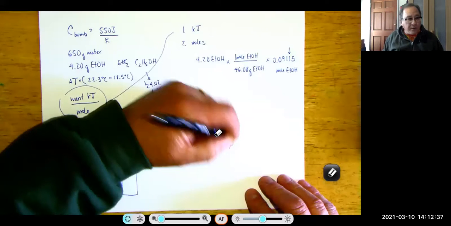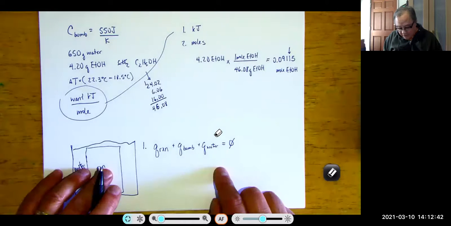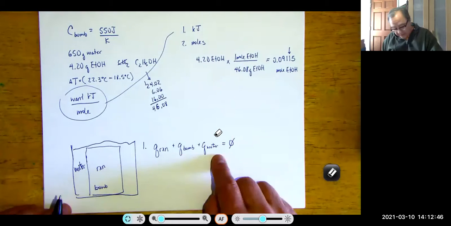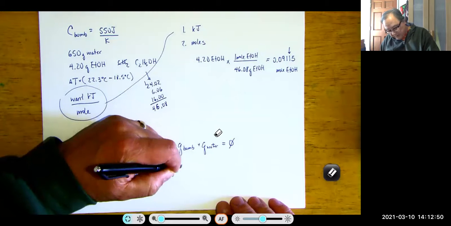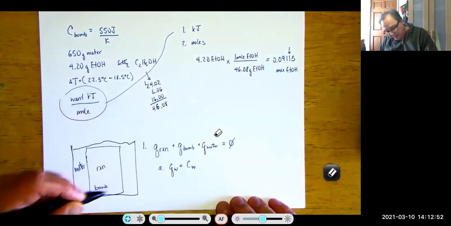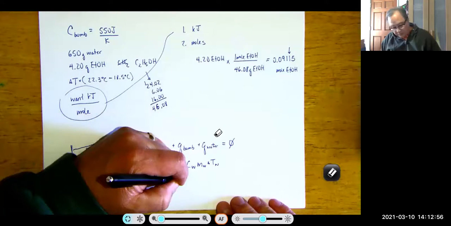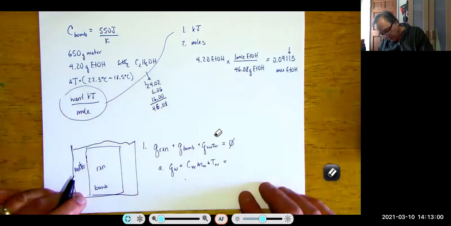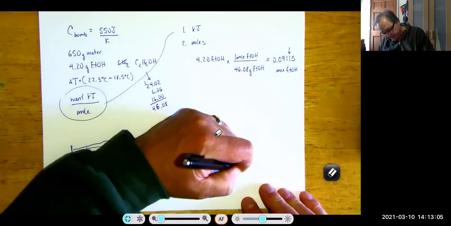And there's our formula. Which ones of these are going to be easier to calculate? Q of the bomb and Q of the water. Let's do Q of the water: specific heat capacity of the water, mass of the water, change in temp of the water. Because they want it in joules, we're going to use 4.184 joules per gram degree Celsius.